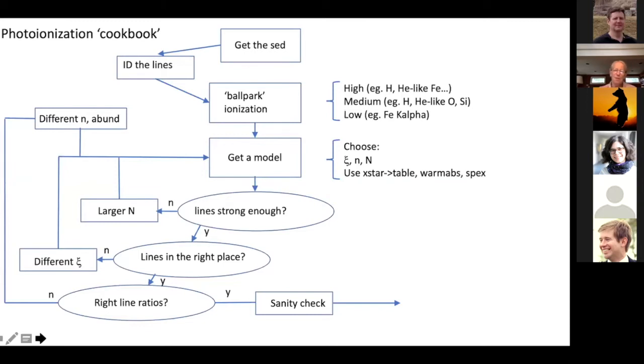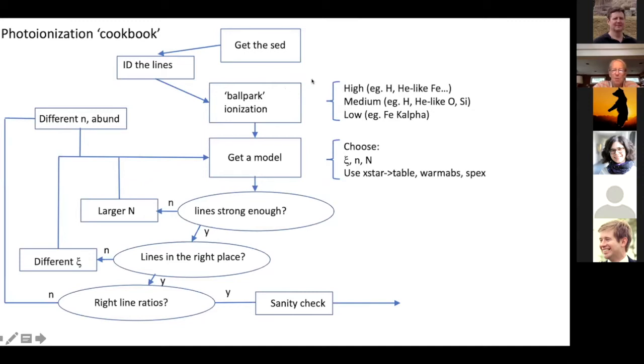And so obviously, in order to proceed, one needs to understand what the global spectral energy distribution is, and that's needed for modeling the photoionized spectrum. And then the second step is to understand what lines are in your spectrum. I'm not going to give you an example, but obviously if you have the iron K alpha line, that gives you a different result than if you have the hydrogenic iron line.